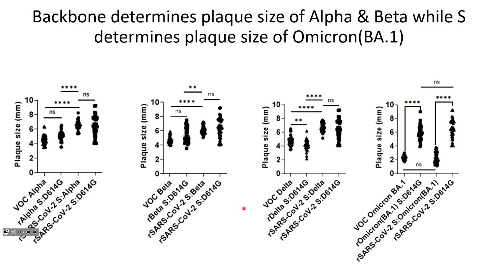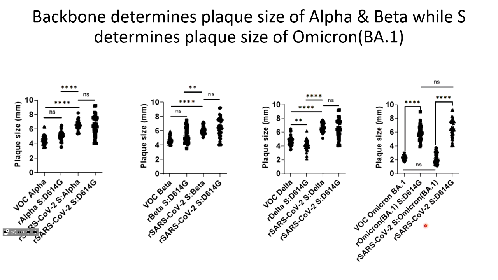Then as the pandemic moved on to Delta, Delta lies in between. For Delta, the variant of concern backbone appears to form smaller plaques, whereas the Delta spike is quite fusogenic and produces larger plaques. So Delta presented as the intermediate. And at the other extreme, once Omicron BA1 emerged, we saw that this virus was almost entirely defined in its plaque phenotype by the spike protein.